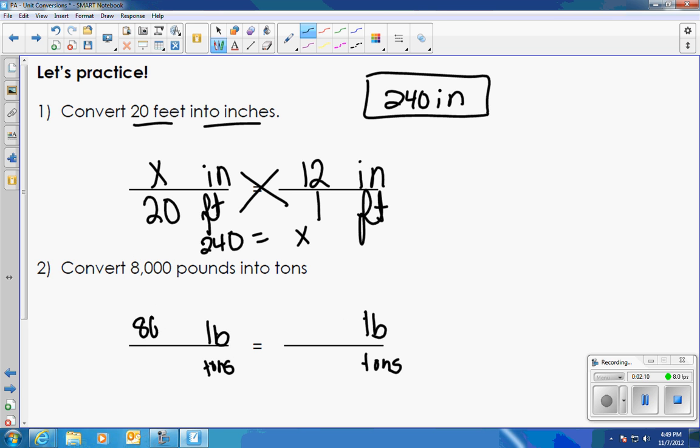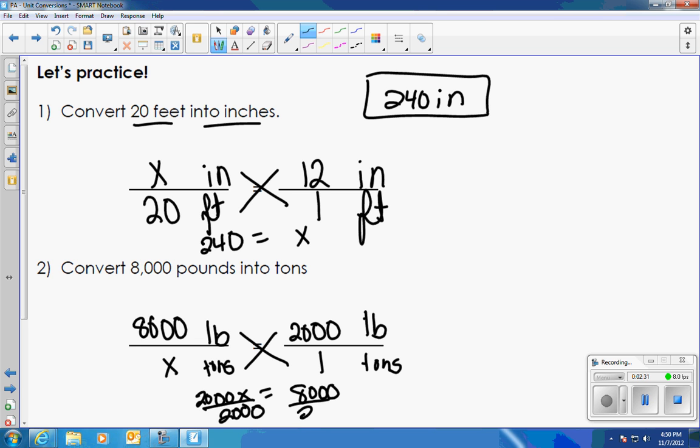So we have 8,000 pounds in this example, and we want to know how many tons that is. On our STAR reference sheet, there are 2,000 pounds to every 1 ton. So I'm going to use my 8,000, and this is 2,000x. I'm dividing by 2,000 to come up with there are 4 tons.